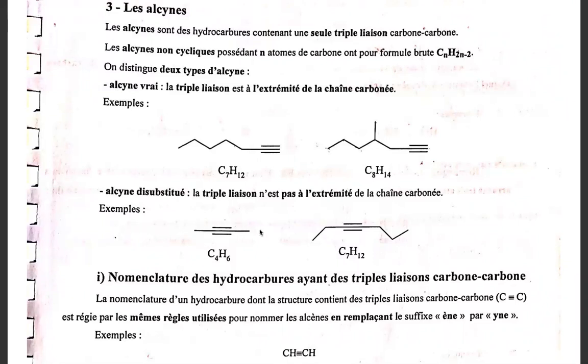When we count this one here, we have 1, 2, 3, 4 carbon atoms. What's 4 times 2? That's 8, minus 2, that's 6. This is our chemical formula. Same applies to this one: 7 carbon atoms, 7 times 2 is 14, minus 2, 12.